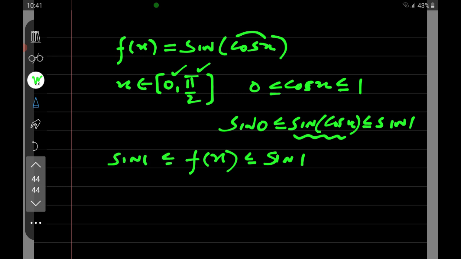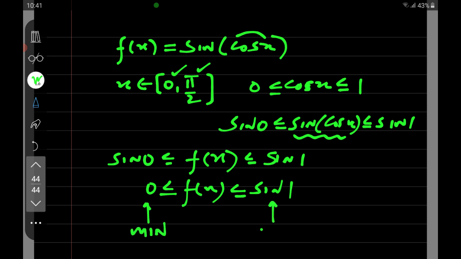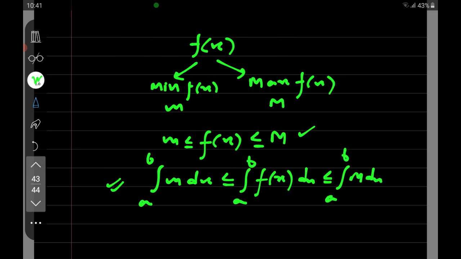Sine 0 is 0, so we can say that the function f(x) lies between 0 and sine 1. This is the minimum value of the function and this is the maximum value of the function. Now we go to that concept: if a function f(x) lies between small m and capital M, then this equation holds.